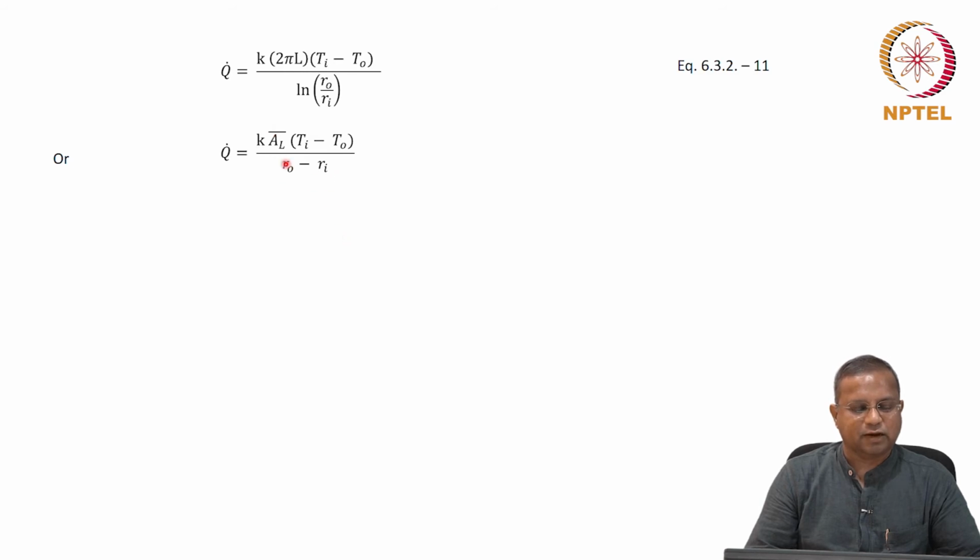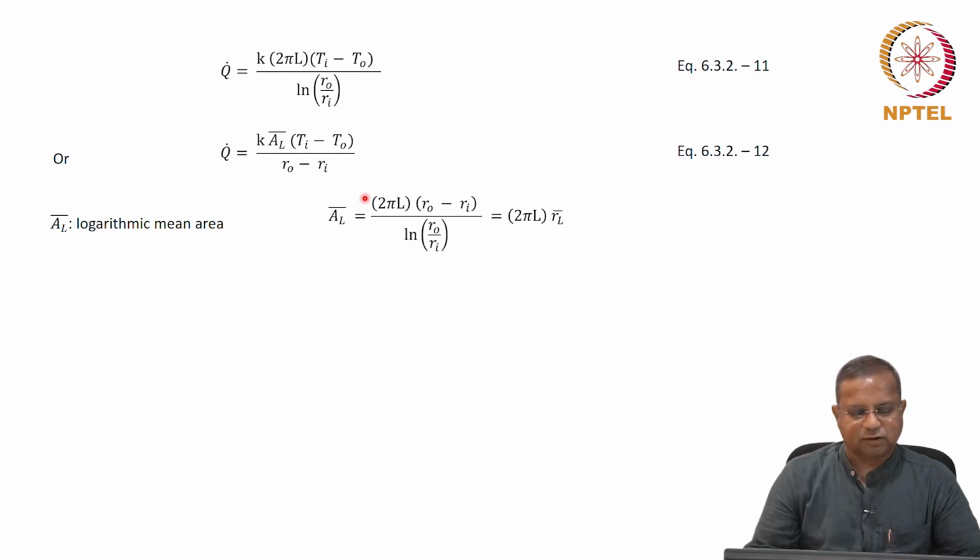And what is this A L hash? It is the logarithmic mean area, which is defined as 2 pi L, and the radius part of it is defined as Ro minus Ri divided by ln of Ro by Ri. So, ln of Ro by Ri is here, and I needed a Ro minus Ri on top to convert this, therefore, I need to introduce Ro minus Ri in the denominator here, which has been done, and this has been combined into A L hash.